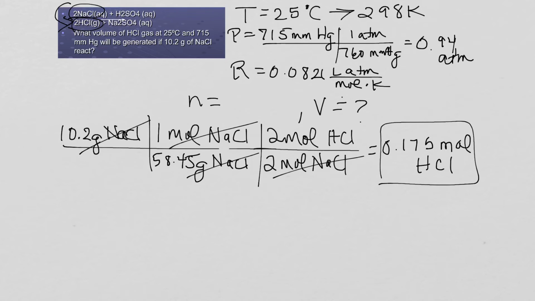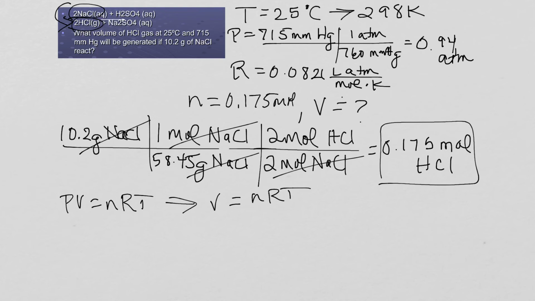So now we have an n value, which is 0.175 moles. Now we can plug into PV equals nRT, rearrange the equation. So you're solving for V, and what you get there is nRT over P. And we're just going to plug in all of these values now into the equation.